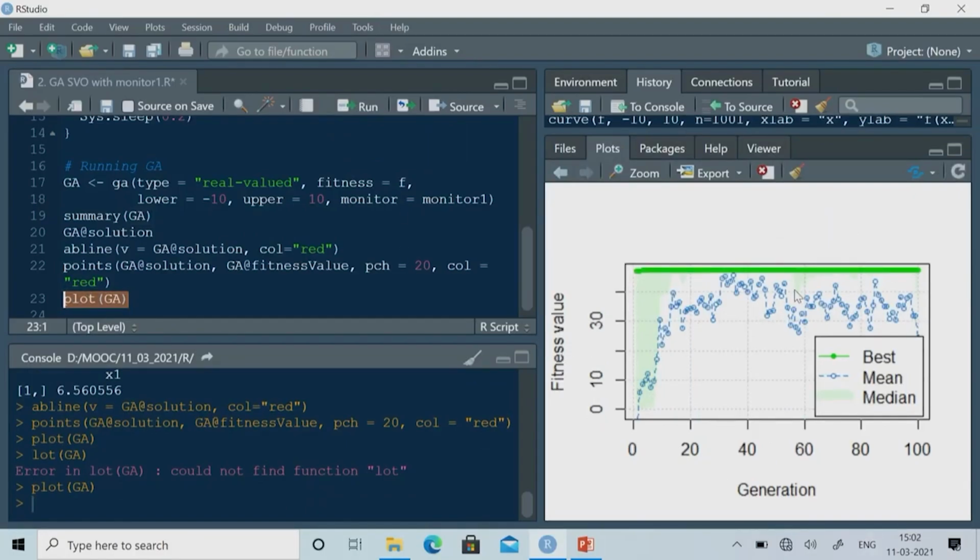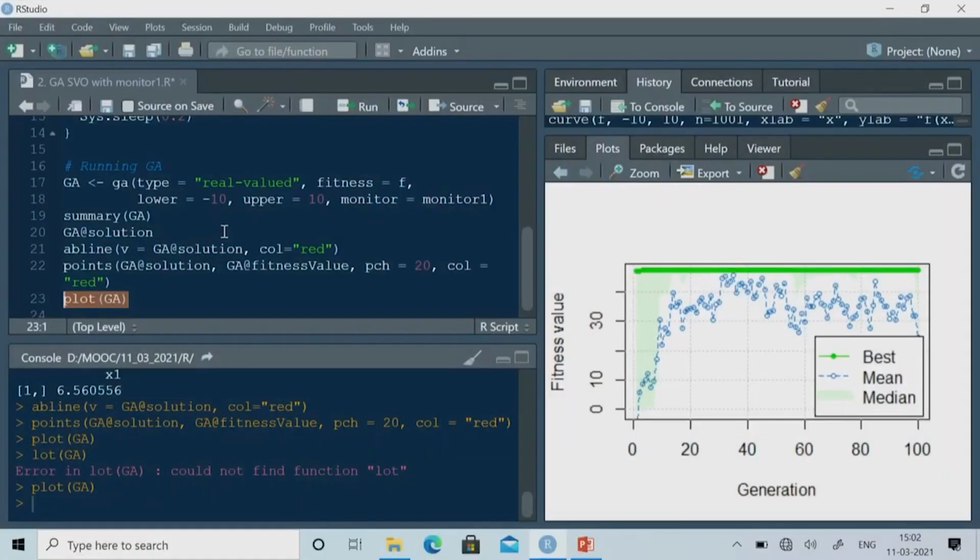Okay. So, that has already been defined. By using this monitor function, you can monitor the movement of the population, how it is moving towards the global optimal solution. That I have shown here. But if you want to just solve the problem, you only need to execute the GA function. As I said, this is only 2 lines of code.